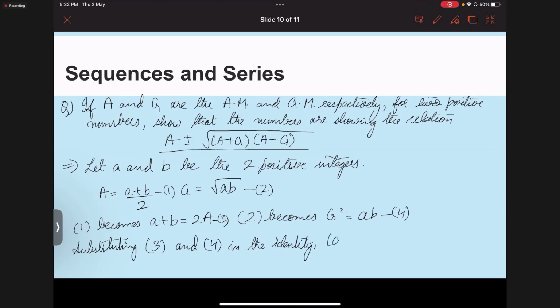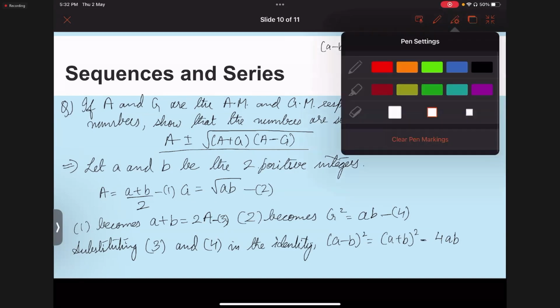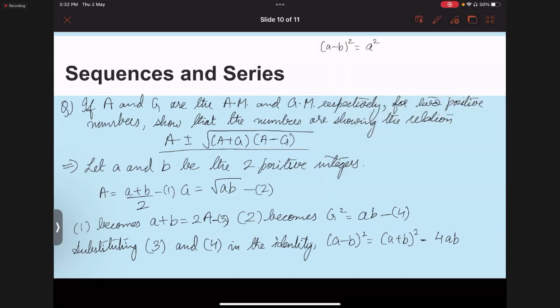(a minus b) the whole square is actually going to be (a plus b) the whole square minus 4ab. Why? Because if you write (a minus b) the whole square, this will be a squared minus 2ab plus b squared. Now if you want to get it in terms of (a plus b) the whole square, you need a positive 2ab over here.